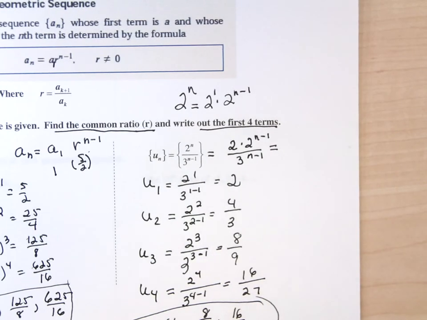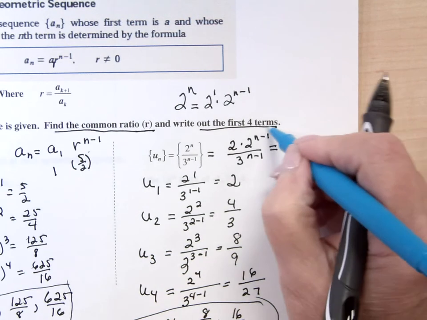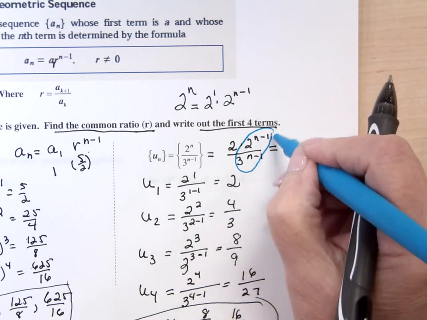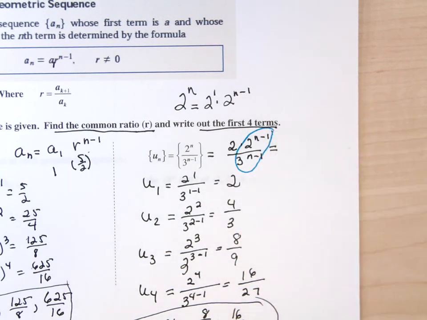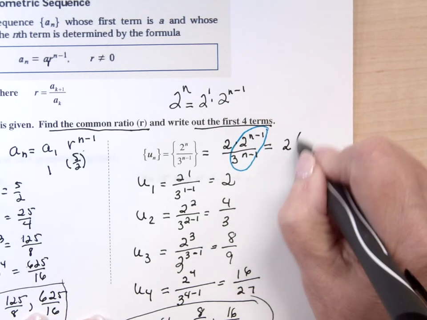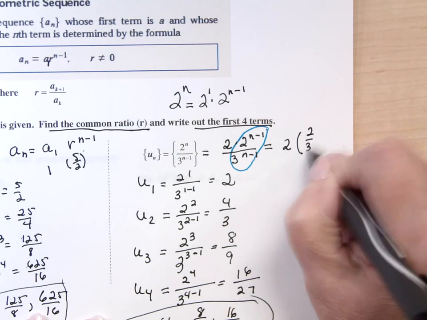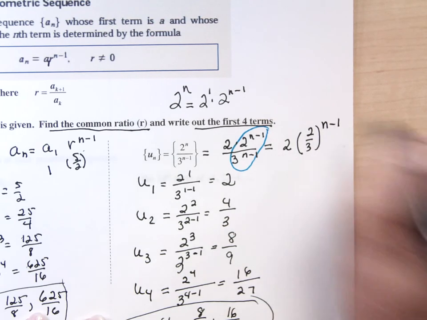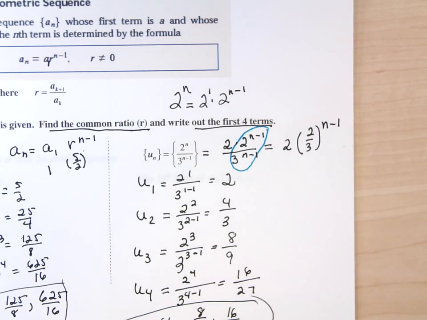Now, if you notice, the exponents here are the same. There's your 2/3. So this is 2 times 2/3 to the n minus 1. Now that's in proper form.